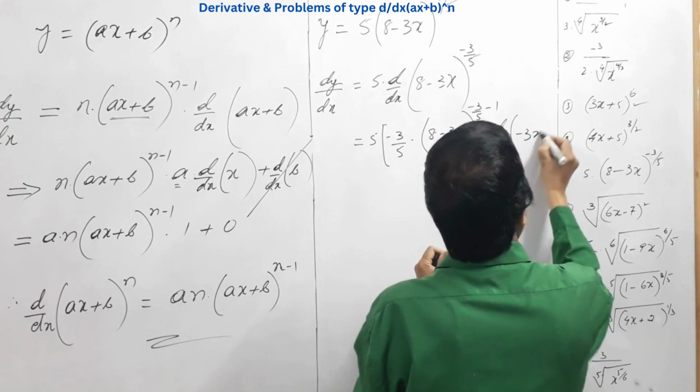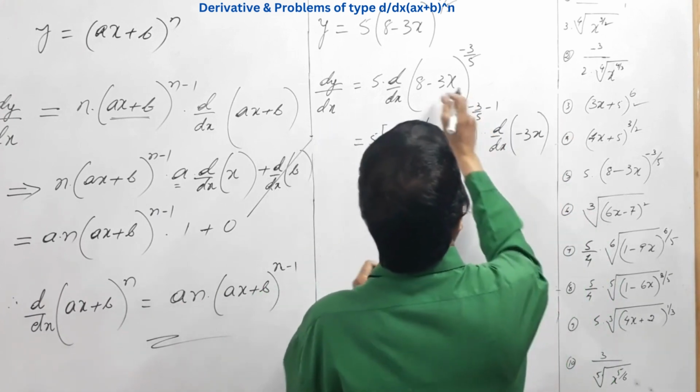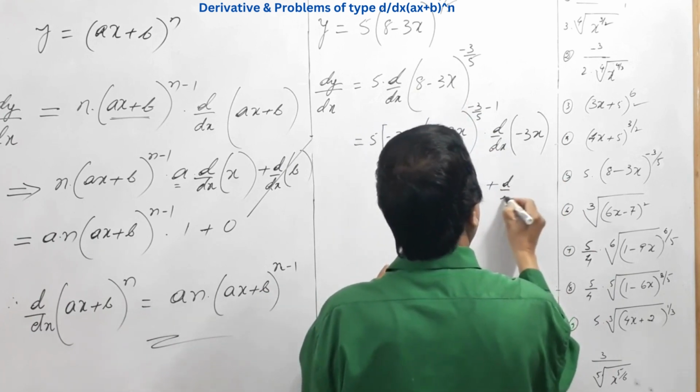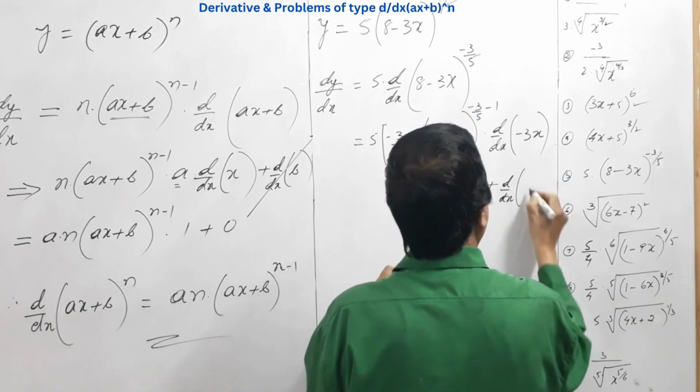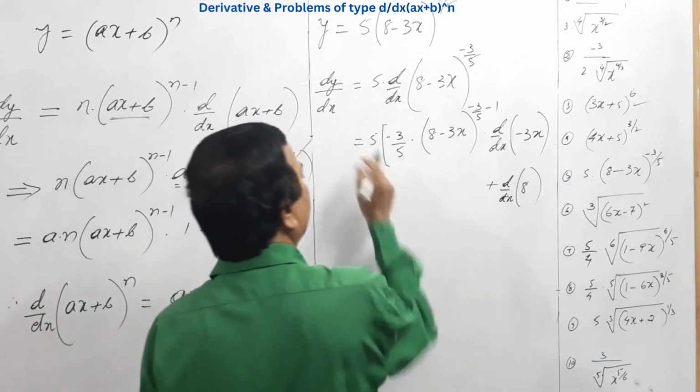So this becomes minus 3x, this is plus 8, so plus d by dx of 8. I take this minus sign out.